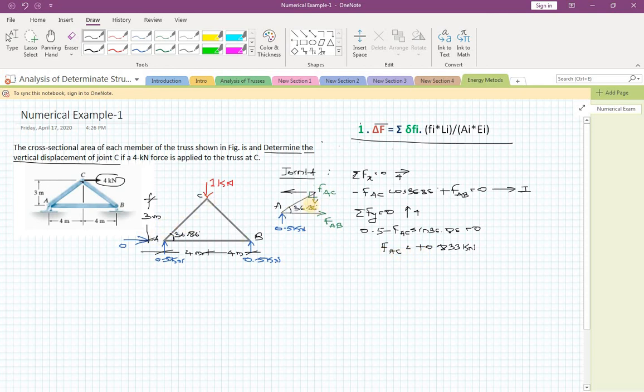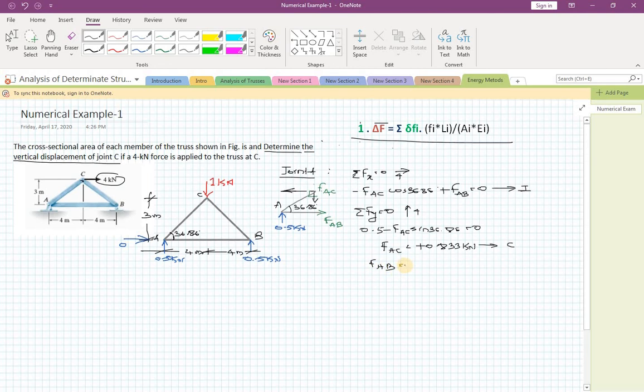So I'm getting a positive force in the member AC. It means I had assumed compression, and since I'm getting positive, it is under compression. Now when I substitute back the value of FAC in equation 1, I can get the value of FAB as plus 0.667.